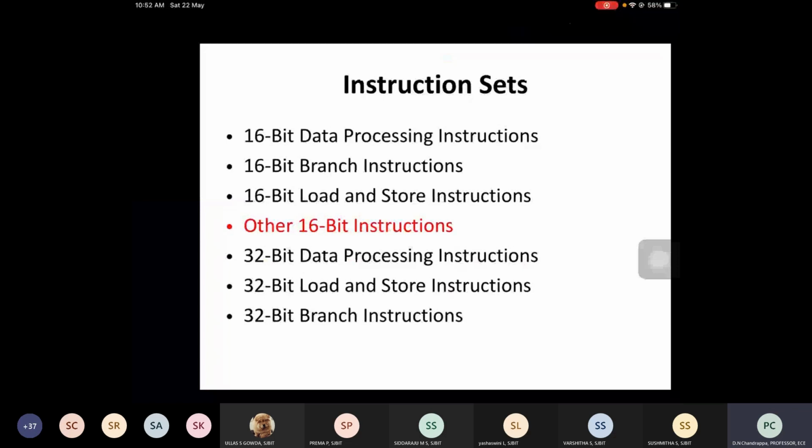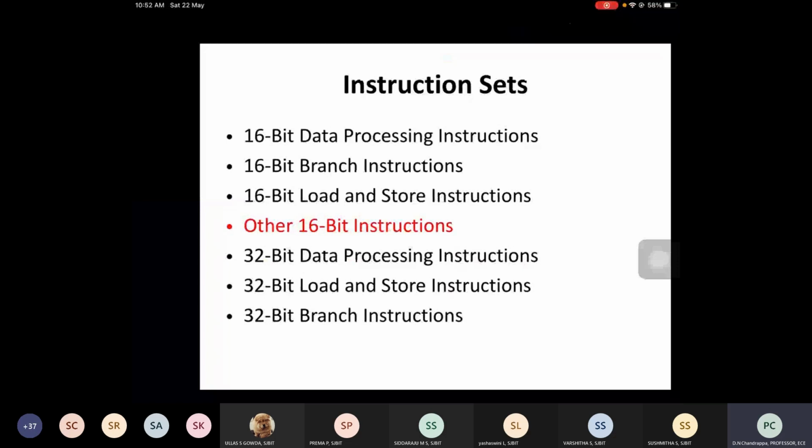In the last two previous classes, I started with the assembler basics and instruction sets. In this instruction set, we have two sets of instructions.